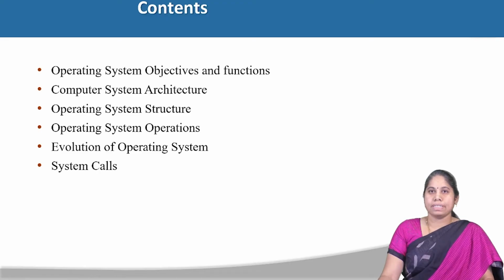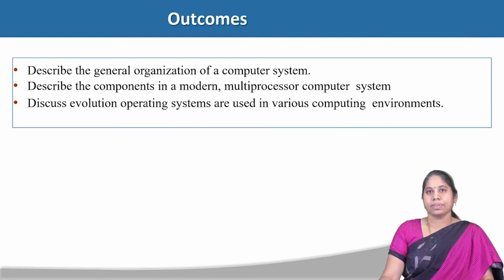So today in my presentation, these are the contents. The first one is operating system objectives and functions, the computer system architecture, operating system structure, operating system operations, and evaluation of different operating systems and system calls.